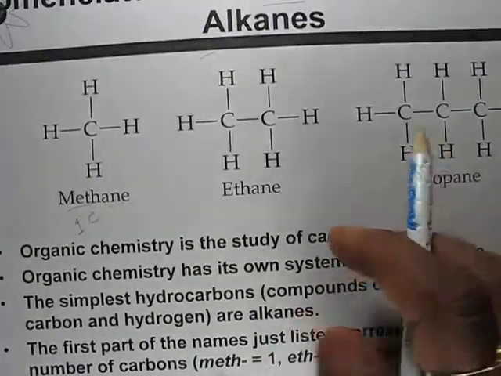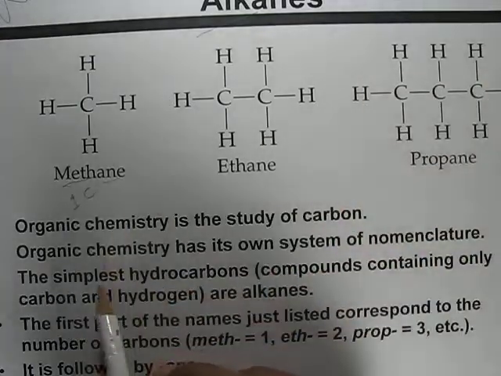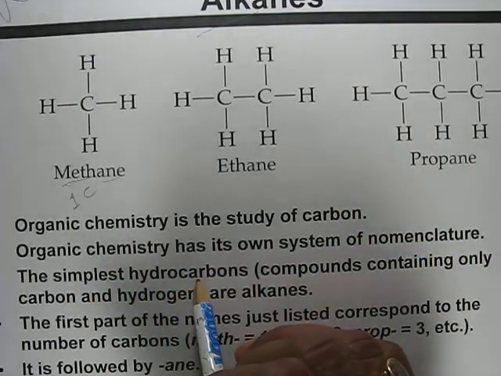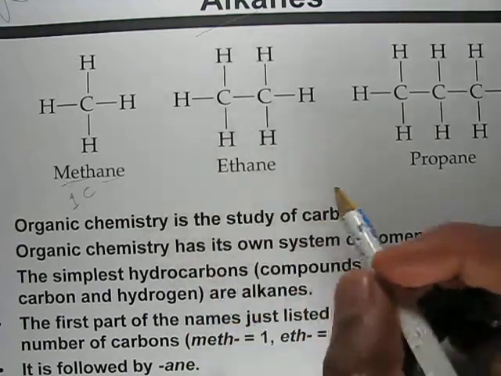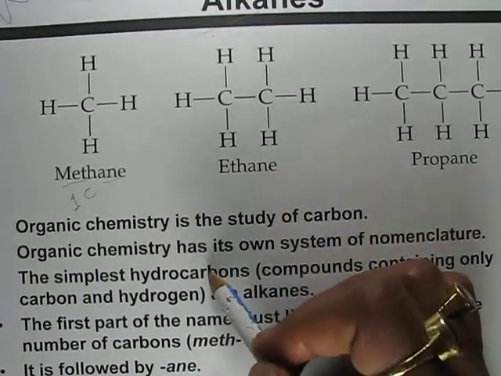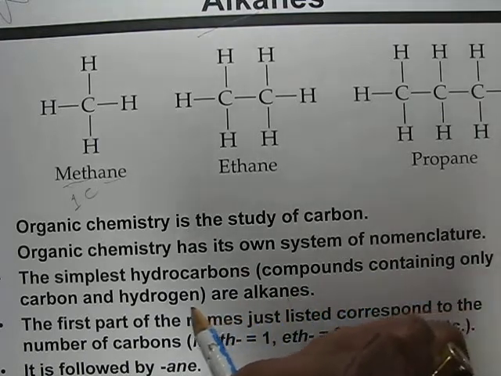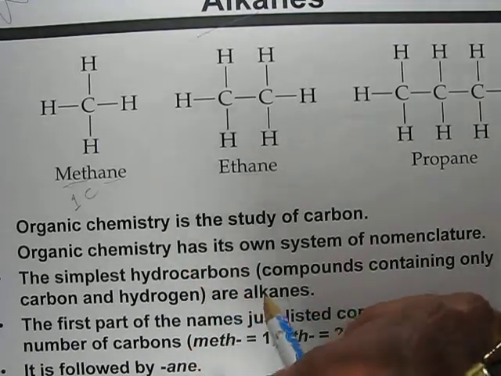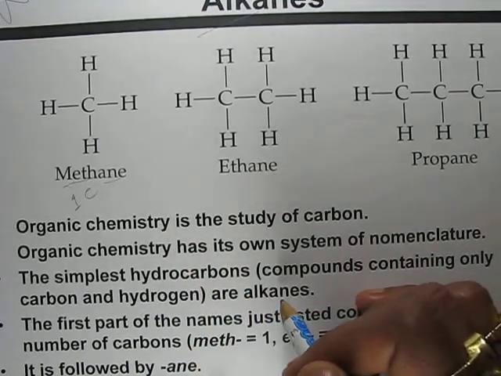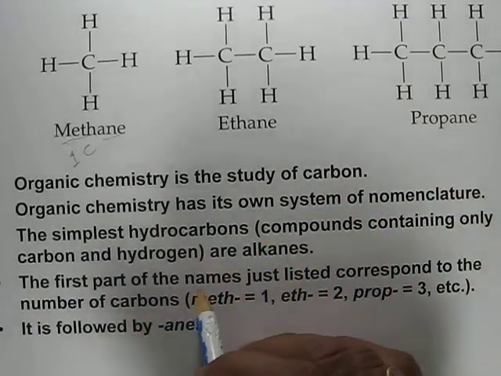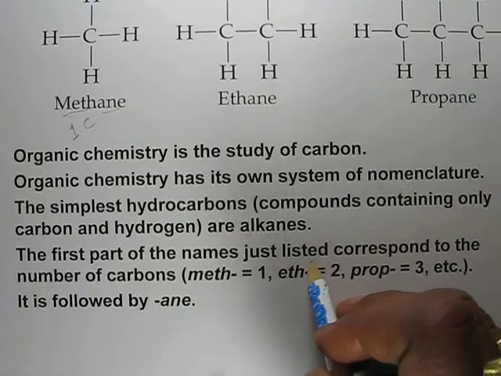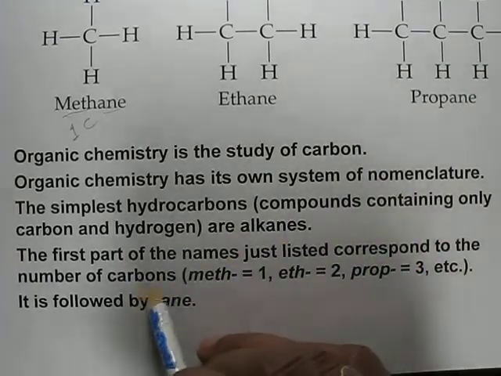What is the meaning of alkane? It is the simplest hydrocarbon. Hydro means hydrogen and carbon. So the compounds made from hydrogen and carbon are called hydrocarbons, and their group name is alkane. The first part of the name corresponds to the number of carbons.